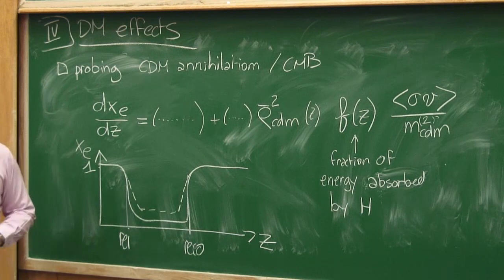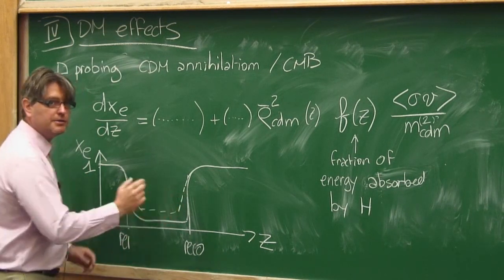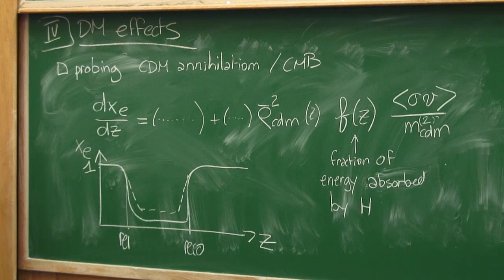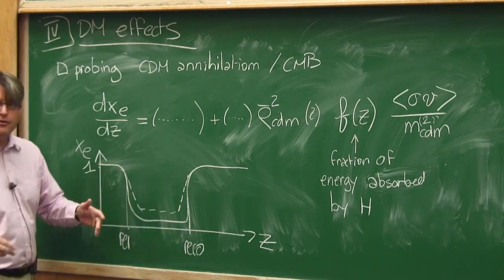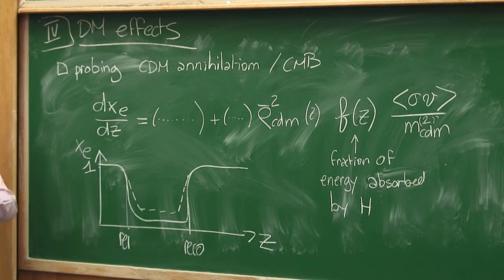This will leave an impact in the CMB. From the course now you can have an idea of what it will do. It will shift a bit the time of recombination. So it will shift the scale of the peaks. And it will affect the effective value of tau of reionization, so it will also affect the amplitude of the peaks.